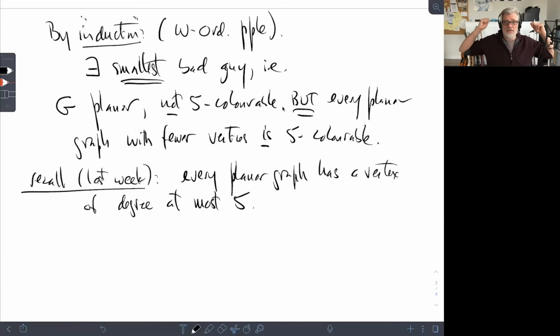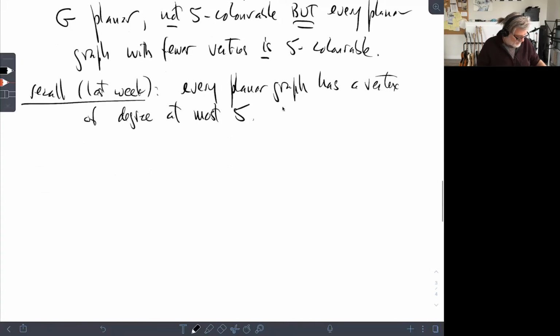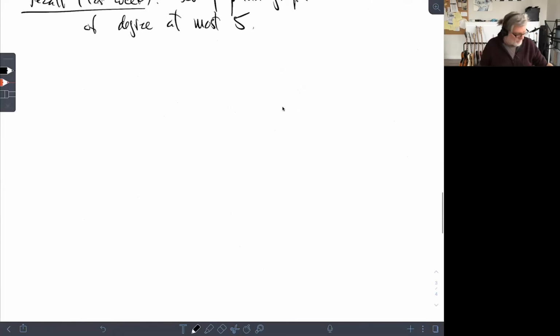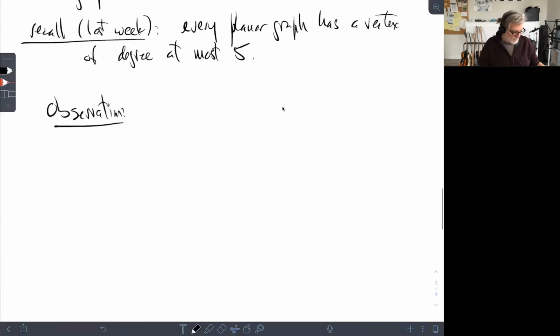Now I'm going to make the key observation for the rest of the proof. The whole architecture of the proof depends on the following observation. So I have a vertex of degree at most 5.